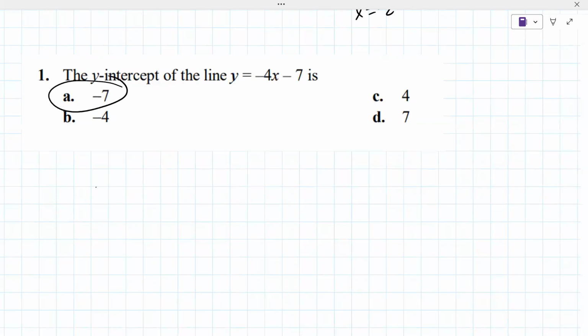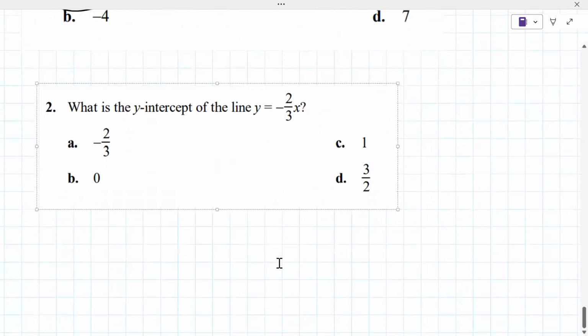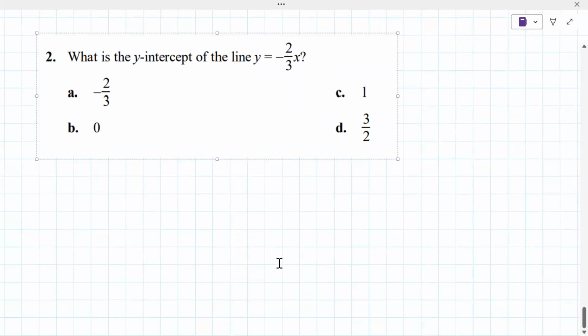All right, let me snip another question in from this. Would it be C?